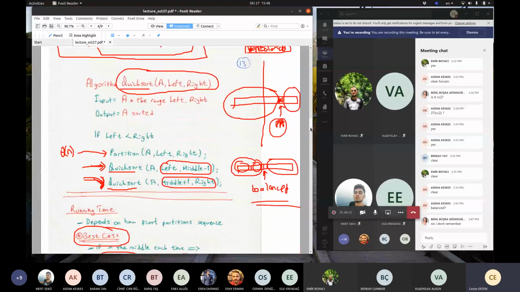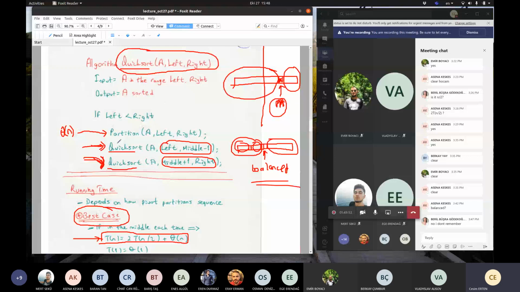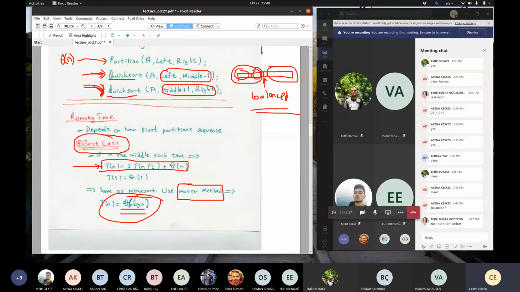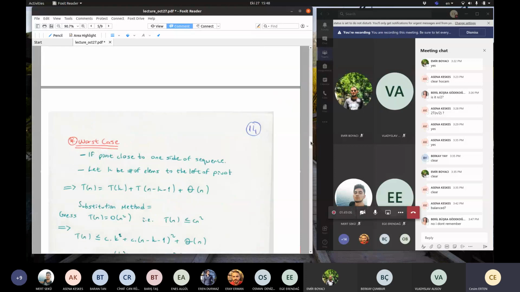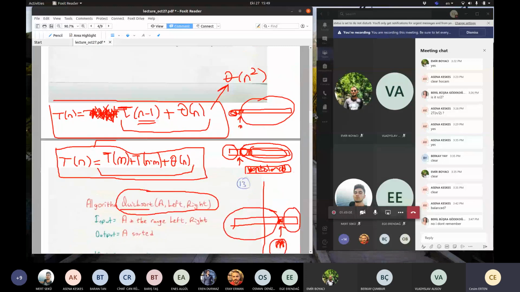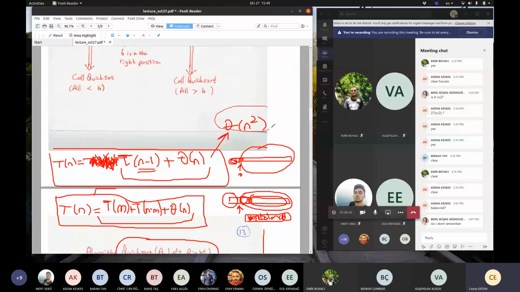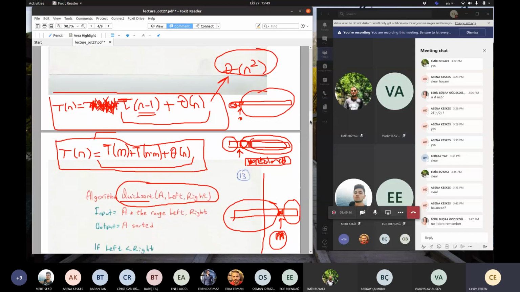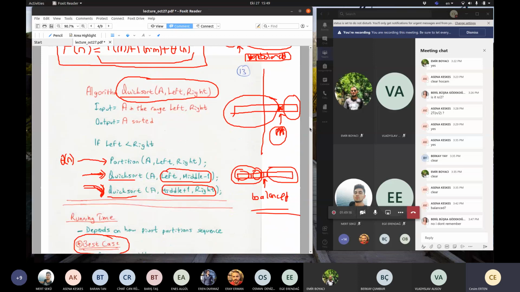So if we summarize, the quicksort algorithm in the best case will have a running time of theta n log n. This happens when all the partitions are balanced. And the worst case running time of quicksort is theta n squared. This happens when all the partitions are unbalanced.